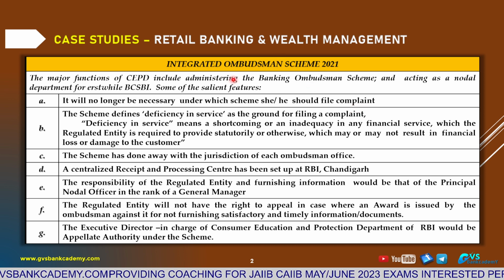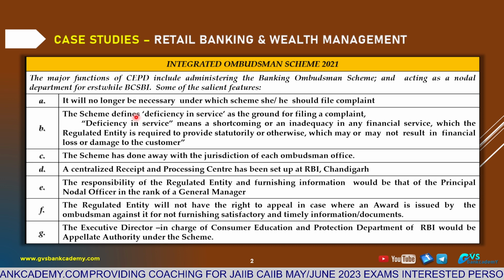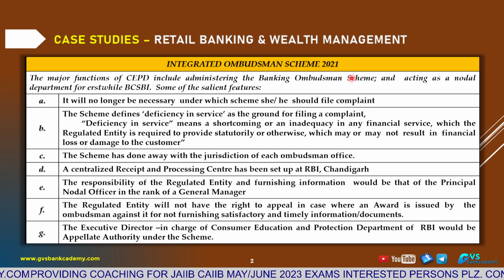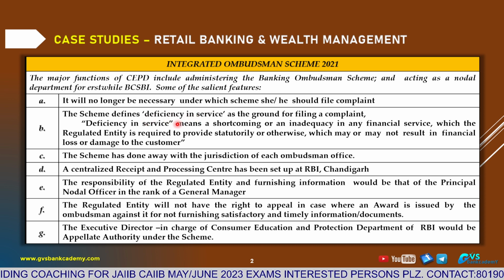B. The scheme defines deficiency in service as the ground for filing a complaint. What is the main reason for a complaint to the Ombudsman? Deficiency in service. What is meant by deficiency in service as defined under the Integrated Ombudsman?